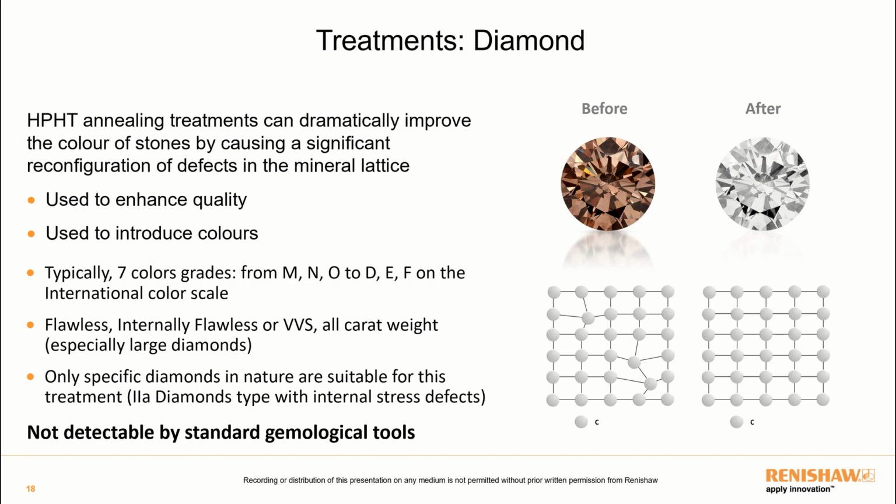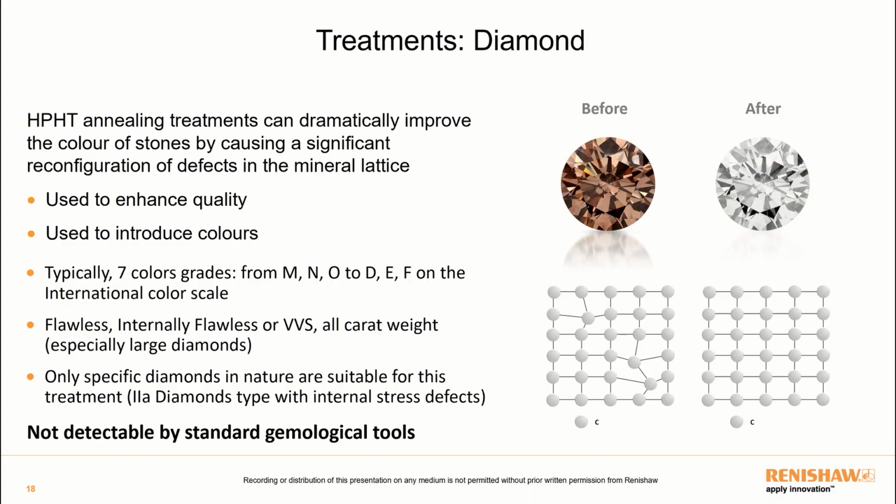So this changed type 2A brown diamonds from MNO on the International Color Scale to DEF, so colorless or near colorless. And photoluminescence analysis has proved to be the best tool for detecting this treatment.